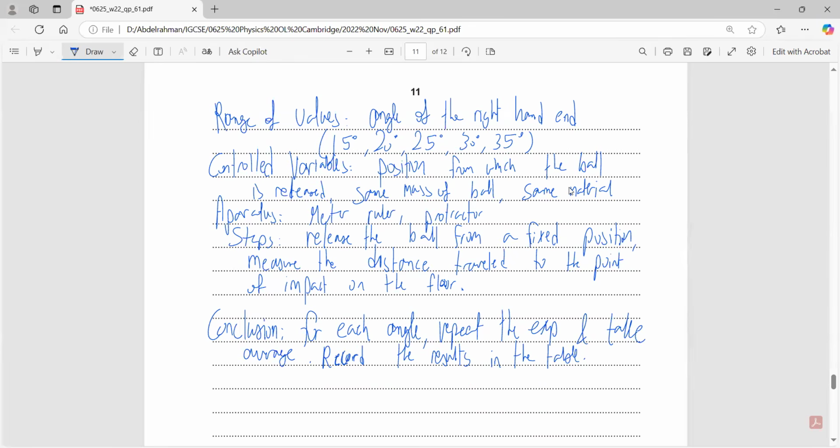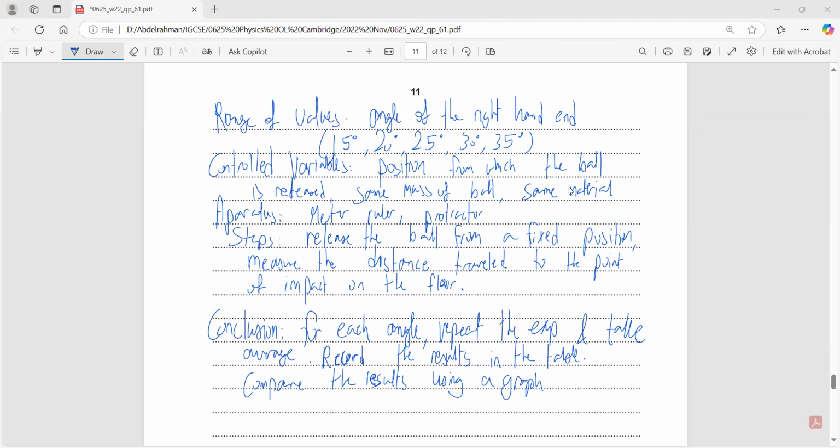And then last but not least, compare the results using a graph. You can draw a graph if you want to. Compare the results using a graph to see whether the angle affects the distance or not.